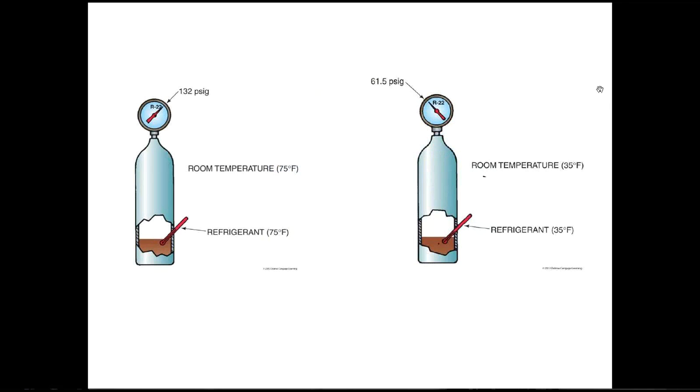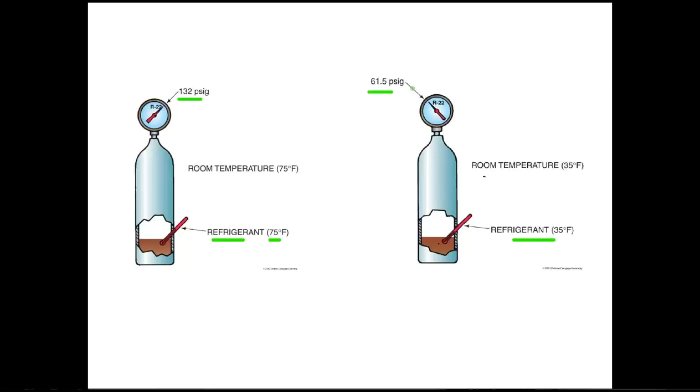Okay, and this is just an illustration here of a bottle of liquid that's at its saturation point, and it's refrigerant. At 75 degrees, it's 132 psi. And if we reduce the temperature, it reduces the pressure as well.